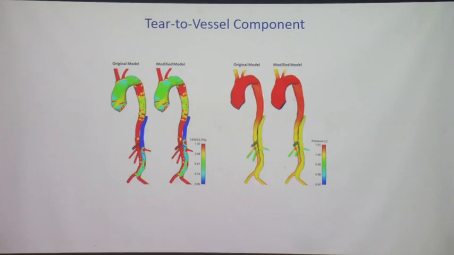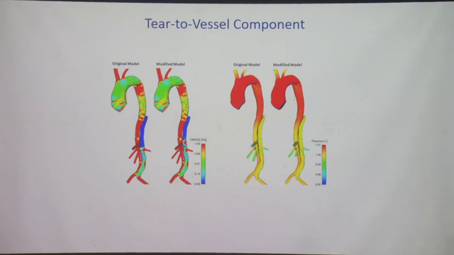And the same comparison between the real model and the artificially created model in terms of the shear stress, which is of interest. So you can see that the false lumen shear stress is similar but not in this region.